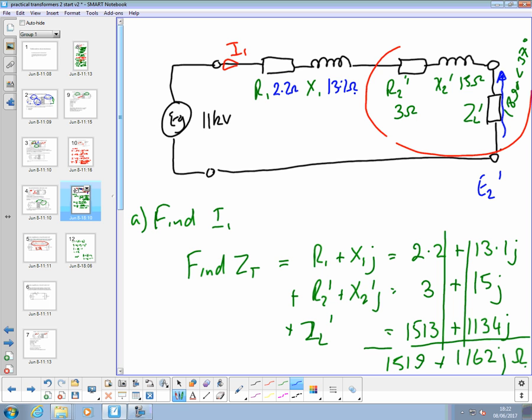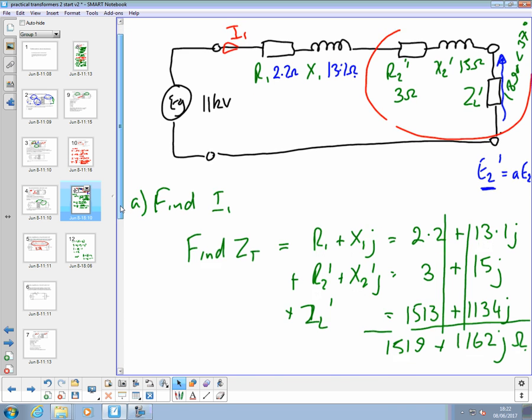E2 dash, secondary voltage transferred to the primary side, is equal to A times E2. So if we can find that, we can use that formula to transfer it back to the primary side and find out what it really is. So how can we find E2 now?